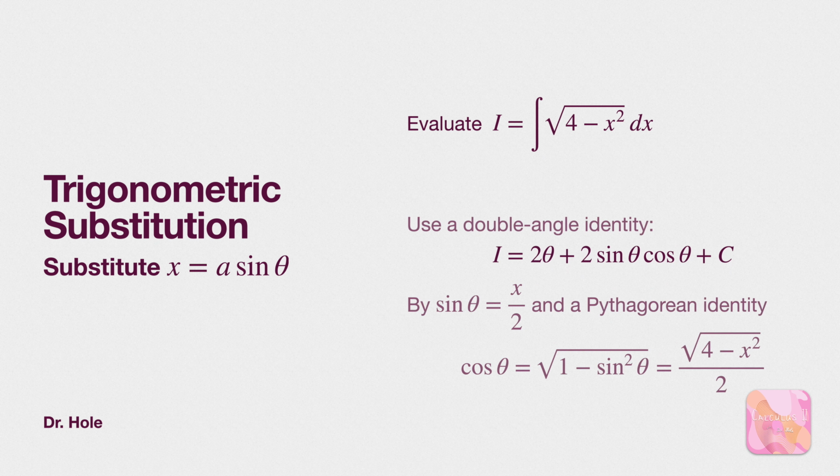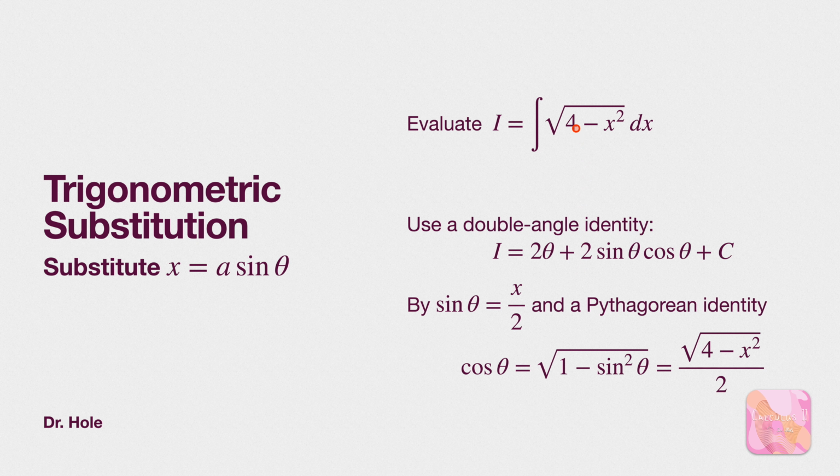And for that, we can use the Pythagorean identity. So Pythagorean identity, cosine squared equals 1 minus sine squared. Apply the radical on both sides. We can maintain just the positive root as theta is restricted from negative pi over 2 to pi over 2. In other words, cosine is non-negative for those angles.